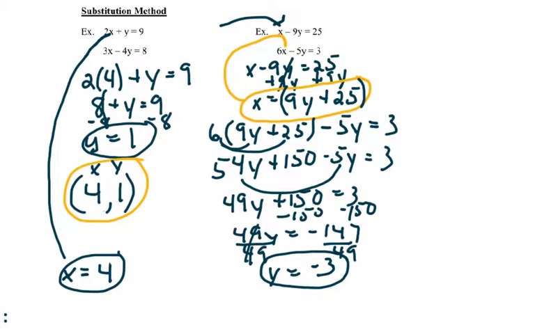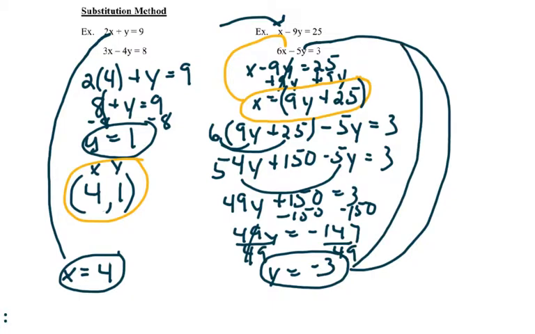Since I know what y equals, keep this in mind. Once I know y, I can plug y back into this equation for y, or I can plug it into this equation for y. Either equation will give me the same answer for x, because remember, this is a system of equations that we're looking at. It's where they cross each other.